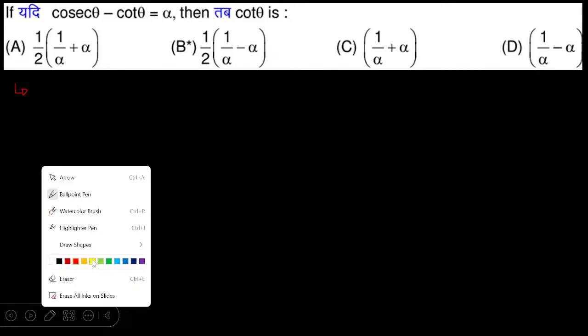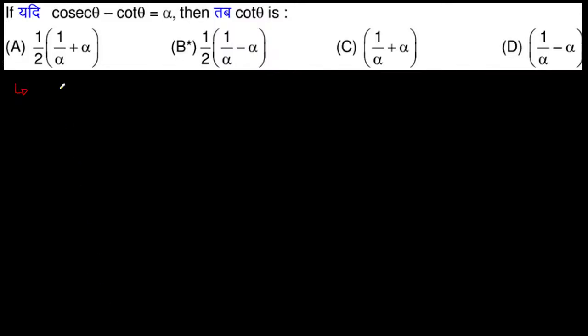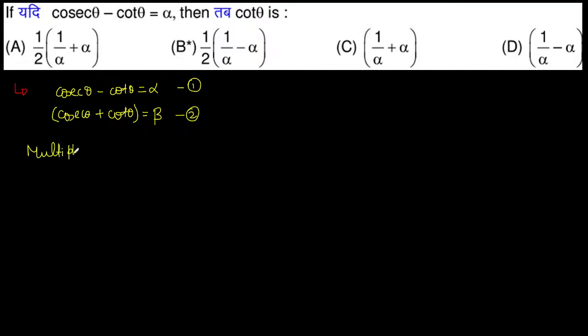Now this is fundamental study. When do we study this? In class 10 we study something this fundamental. cosec theta minus cot theta is equal to alpha. We'll consider cosec theta plus cot theta equal to beta. Okay, now we'll multiply 1 and 2.